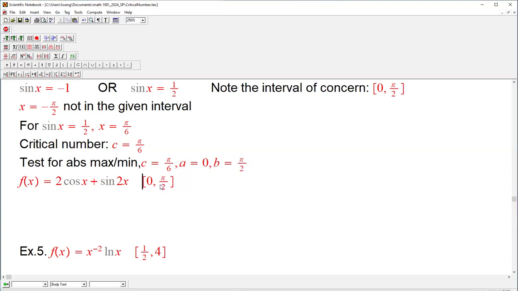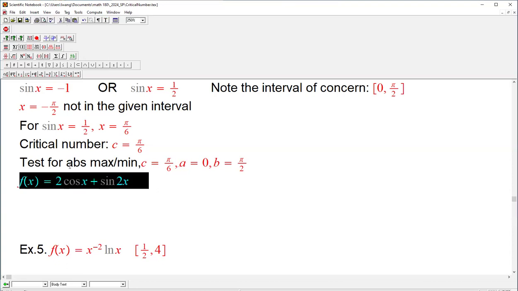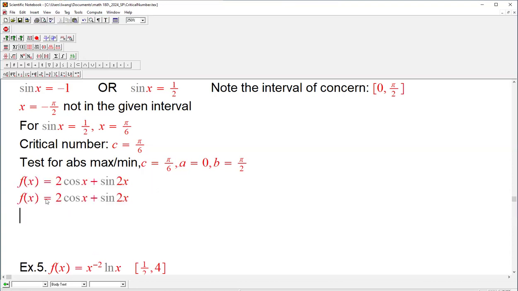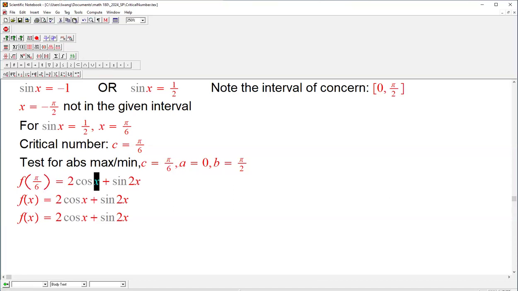So we're testing on these three quantities, three values for absolute max, absolute min. So I'm going to plug in pi over 6. Okay, so this put in parentheses.